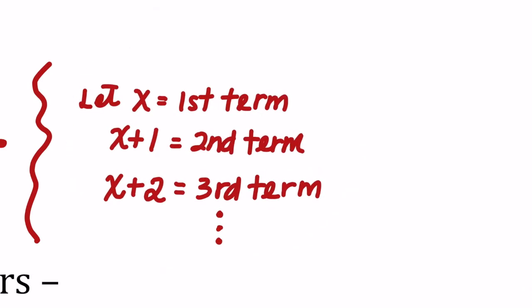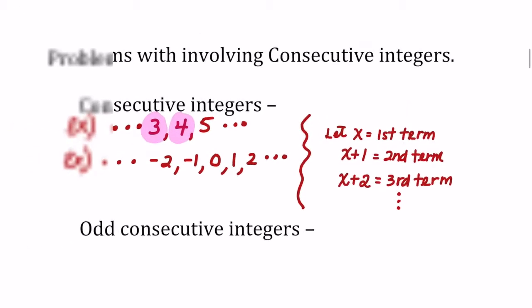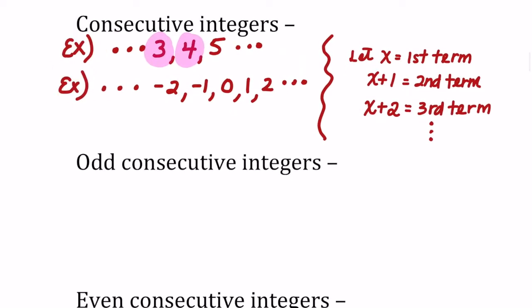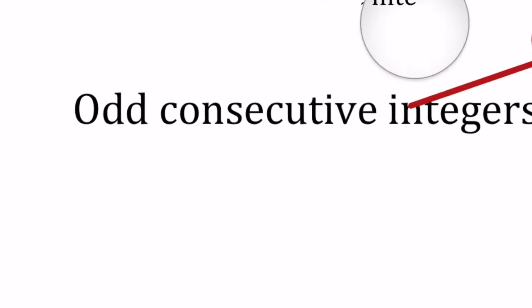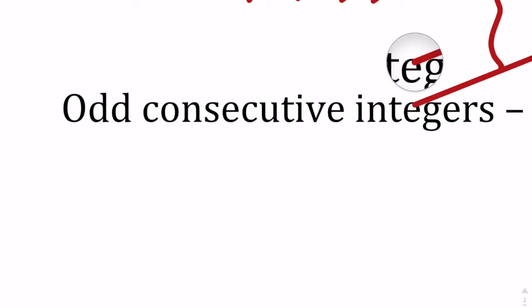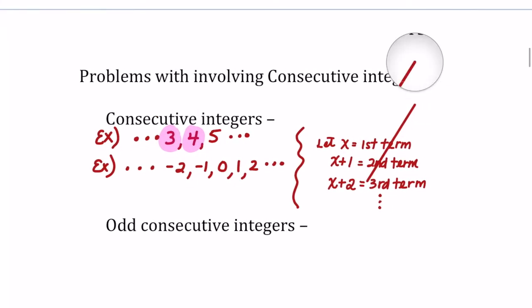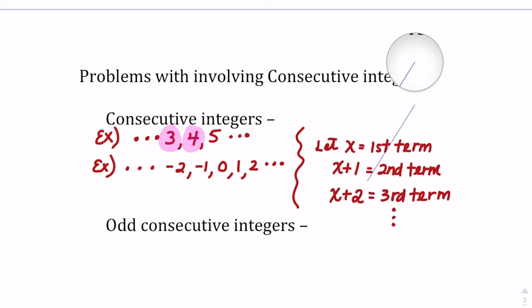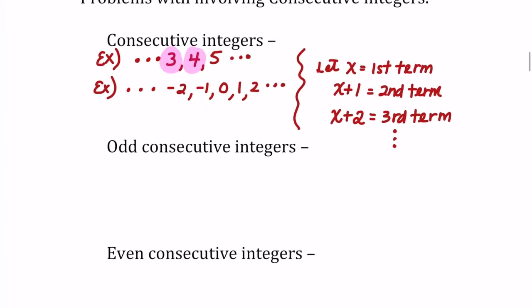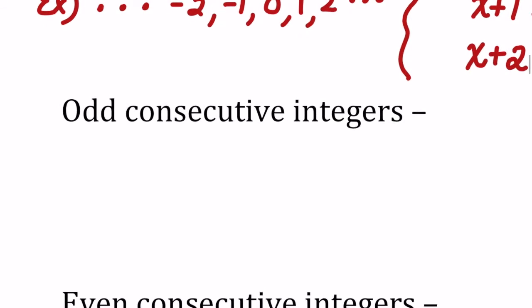Okay, then the next one, let's talk about those. So our consecutive integer, if you think about our consecutive integer, that is going to be just... okay, so now what you have here is, let's put down some examples.